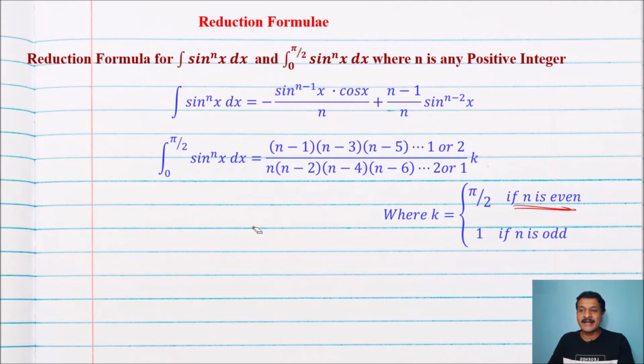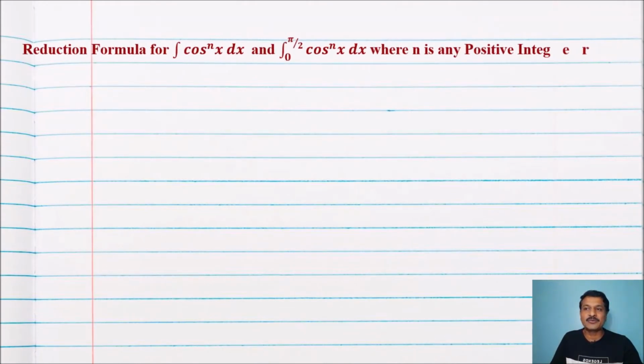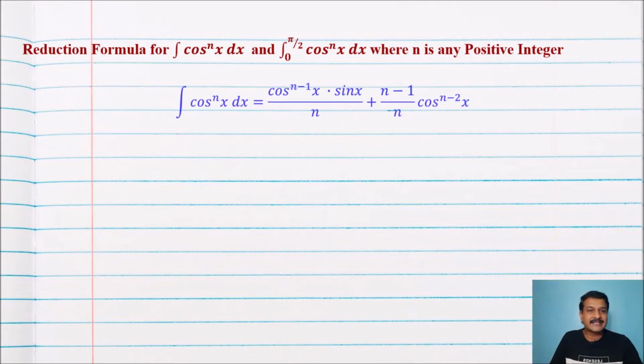Similarly you can find any power of sine if the limits are 0 to pi by 2. So similarly, we can consider the reduction formulas for the integration of cos x raised to n dx and the integration from 0 to pi by 2 of cos x raised to n dx, where n is any positive integer. So the integration of cos x raised to n dx equals cos x raised to n minus 1 into sin x upon n, plus n minus 1 upon n times the integral of cos x raised to n minus 2.